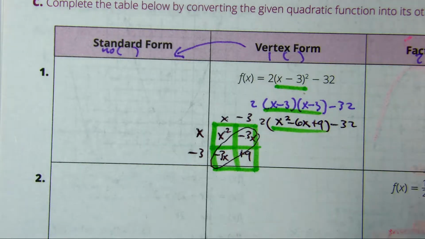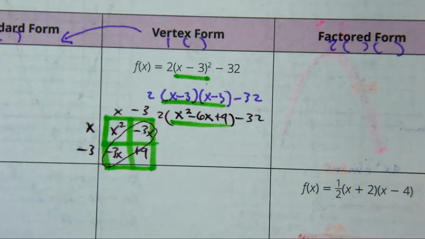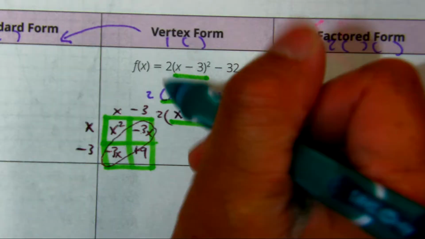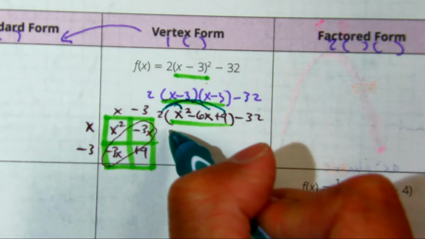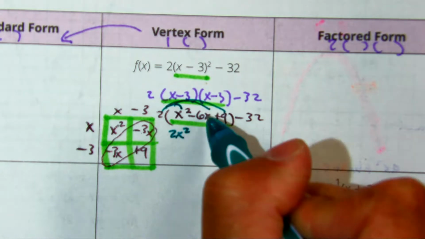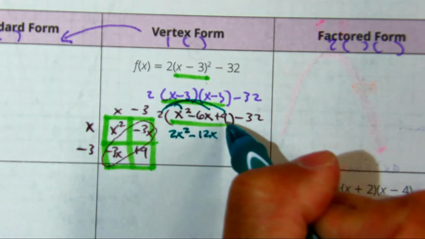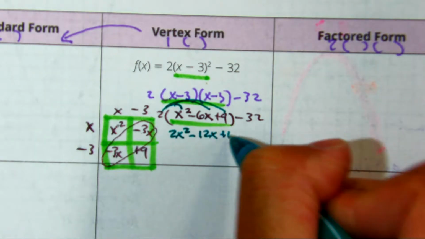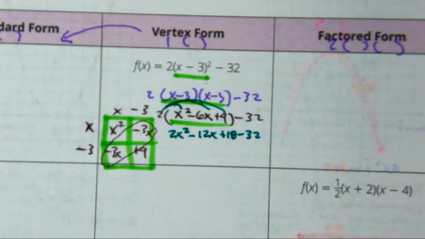Okay, now I'm going to distribute that 2. Try to zoom in for you. Girls, go ahead and distribute. Plus 18, and then we have that negative 32. Boys, combine like terms.